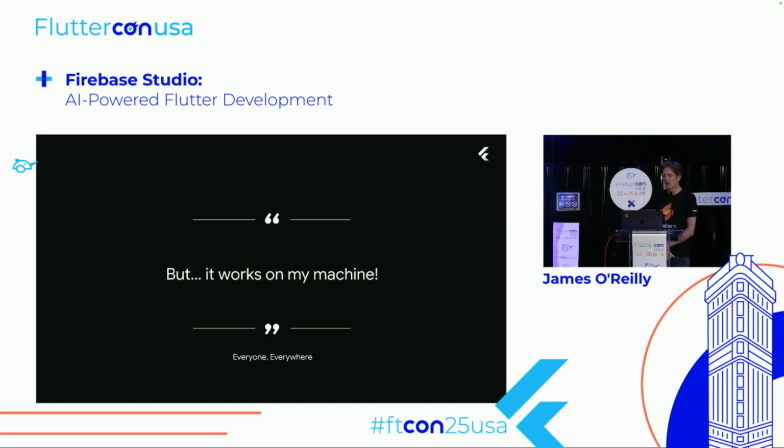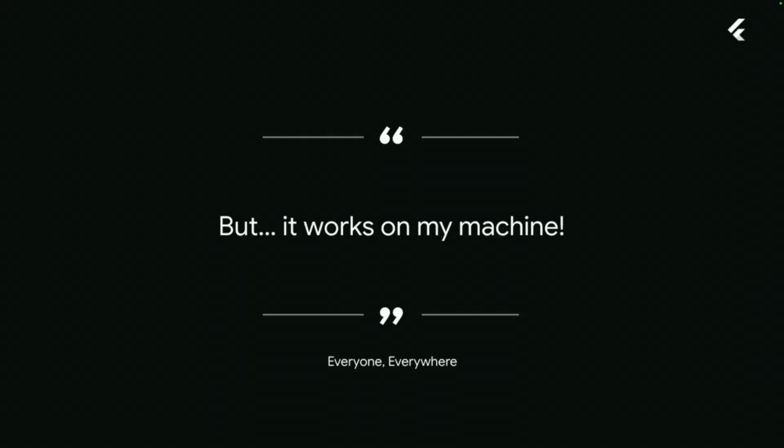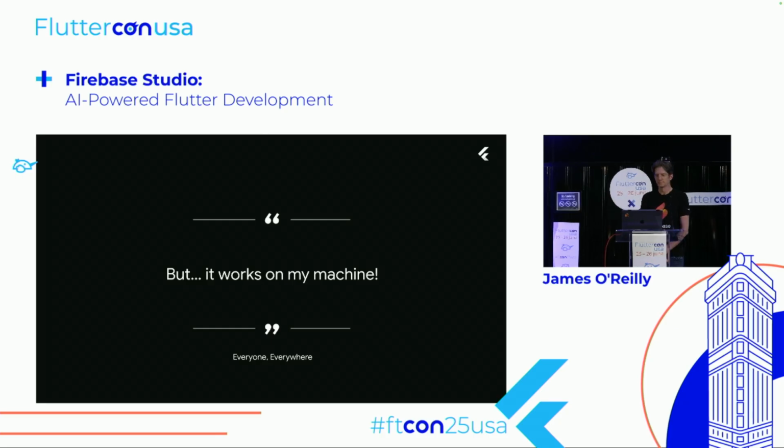We've all said it, we've all heard it. And while it's funny, it points to a fundamental problem. Our development environments are fragile, inconsistent, and a massive source of works here, not there bugs. This isn't just a meme, it's a symptom of a deep-seated issue in our workspace.